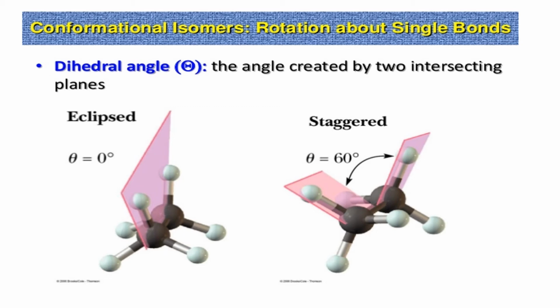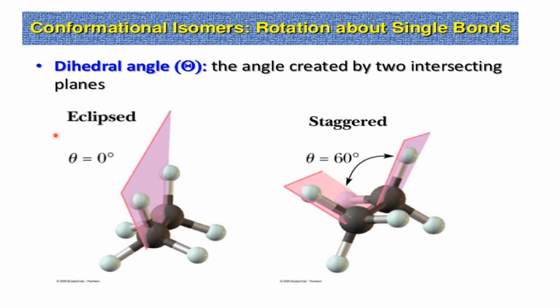When we consider conformation, we have to think about a term called dihedral angle theta. This angle is the angle created by two intersecting planes.